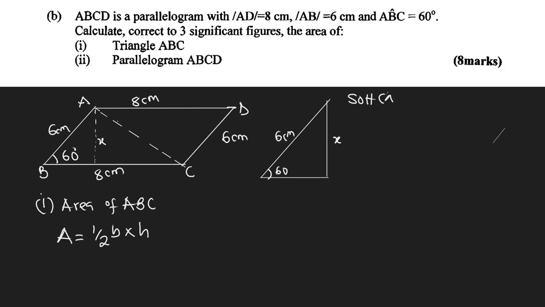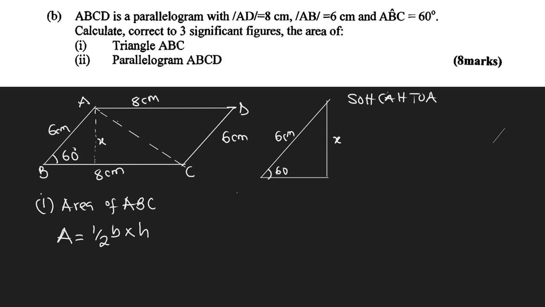of course, SOHCAHTOA, sine is equal to opposite over hypotenuse, cos is equal to adjacent over hypotenuse, and tan equals to opposite over adjacent. So the relationship between opposite and hypotenuse will be sine, right? So we're going to say sine 60. Our problem is to find the height.